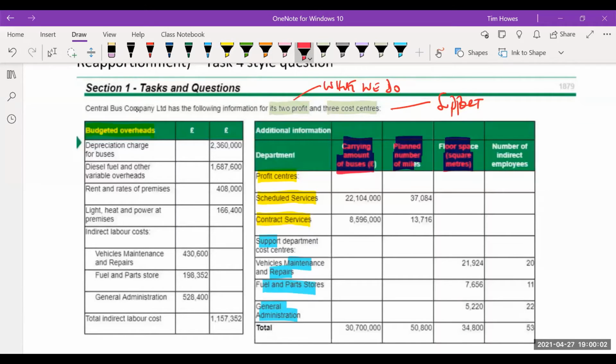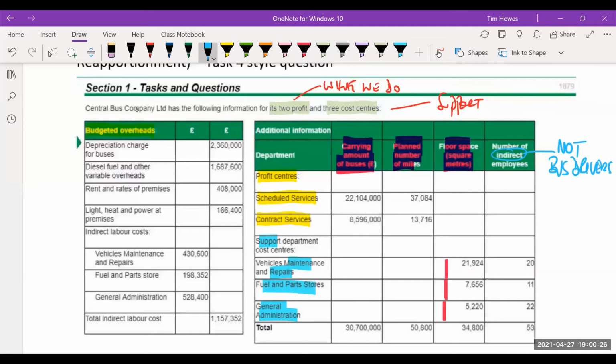But there's some floor space taken up by the maintenance department, the fuel and parts stores down here, and the general admin function. There's also a number of indirect employees. Now, remember, if we were talking about indirect employees here, this is not the bus drivers, is it? Do you get what I mean?